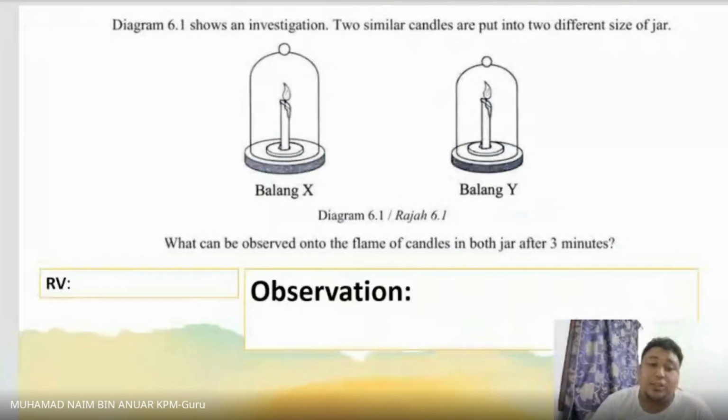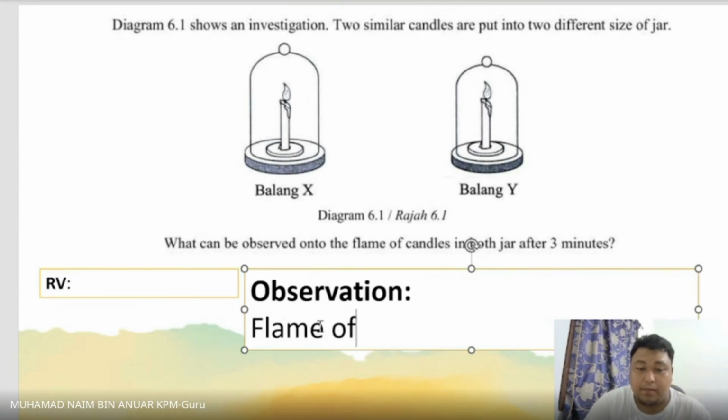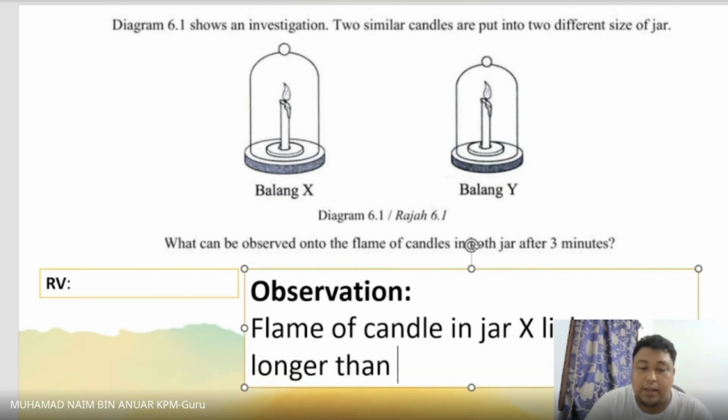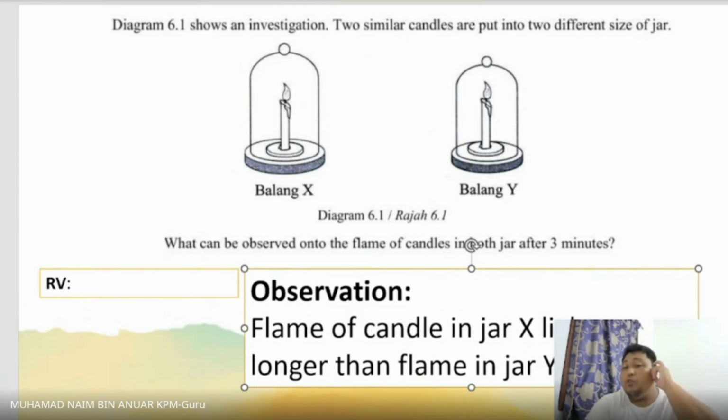Sometimes the question will ask what can be observed on the flame of the candle in jar X. So we can say the flame of the candle in jar X lights up longer than the flame in jar Y. Now, we don't want to know why this happened yet.